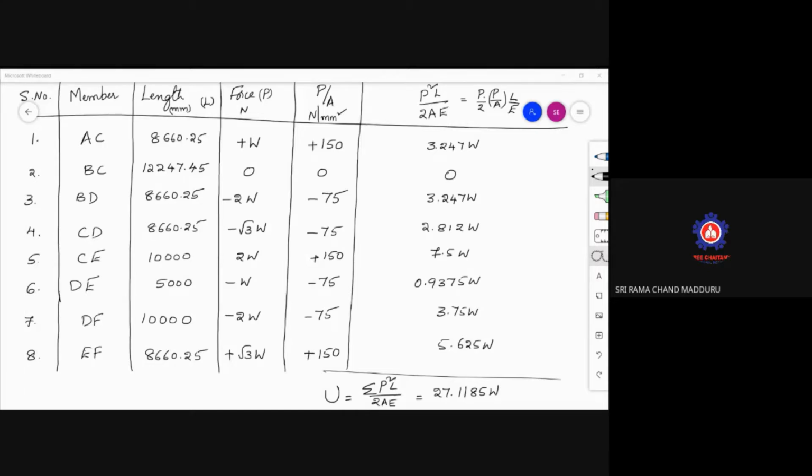Please let me know the answer for U, sigma P square L by 2AE. Post the answer in the chat box. Shailesh got 27.1185. Gautami, once check it.